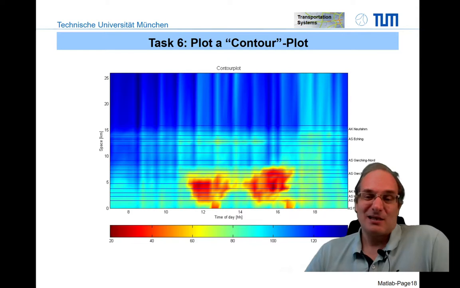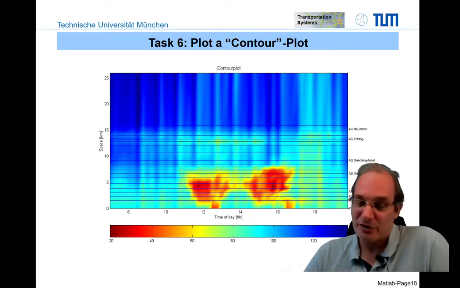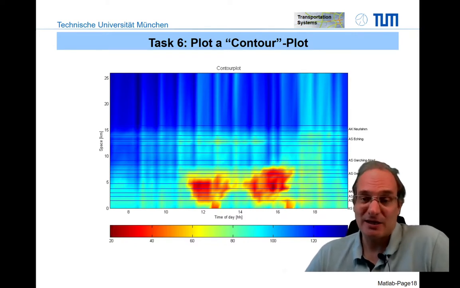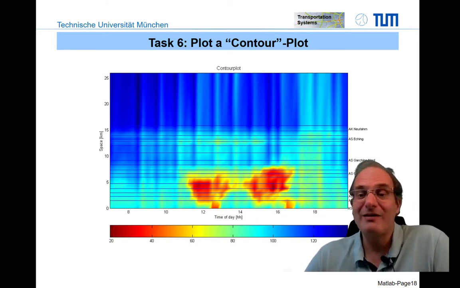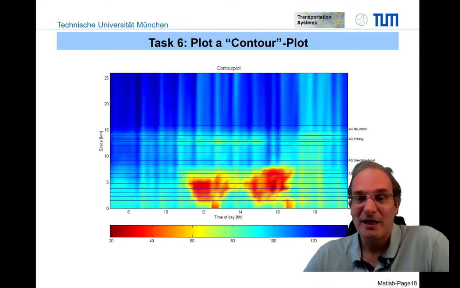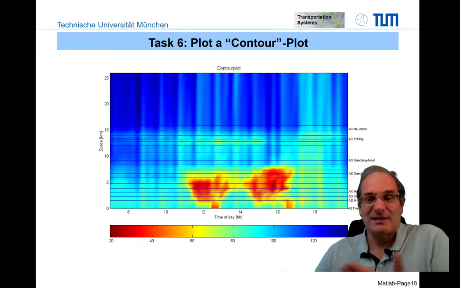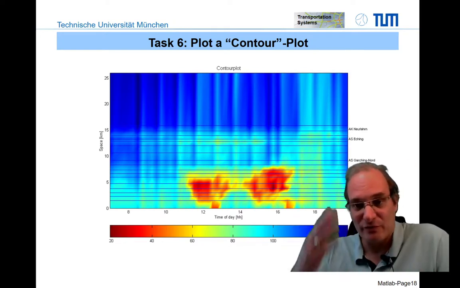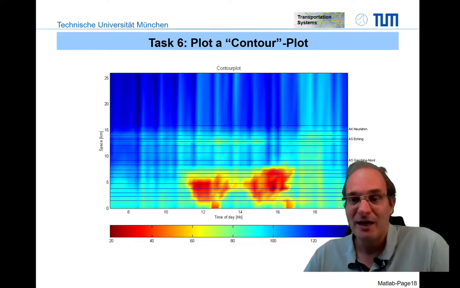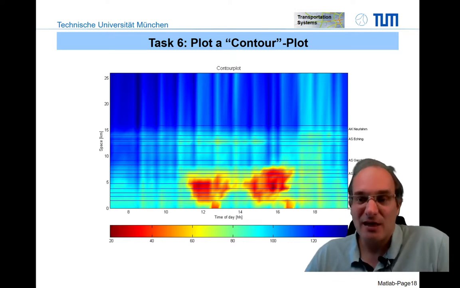To get this nice color plot, we have to deal with colors. So we have to think about what colors are in Matlab. Therefore, we have to represent colors as a color map. A color map is a red, green, blue matrix with 256 lines and, as I said, 3 columns, one for red, one for green, one for blue, and this represents the color.